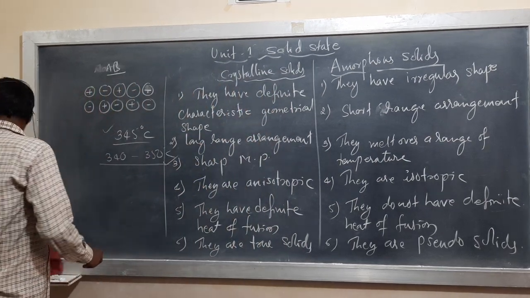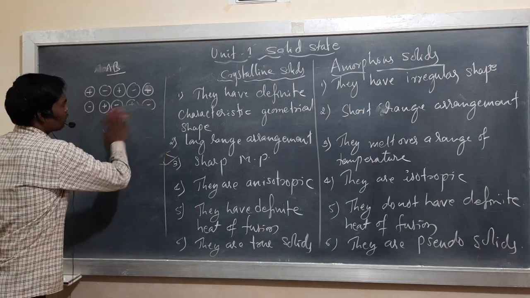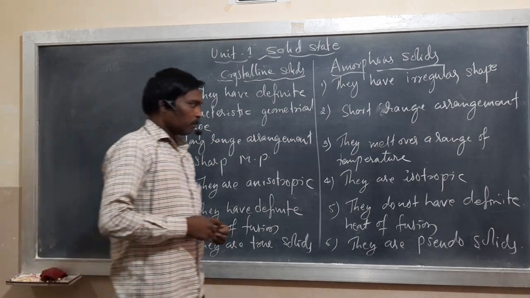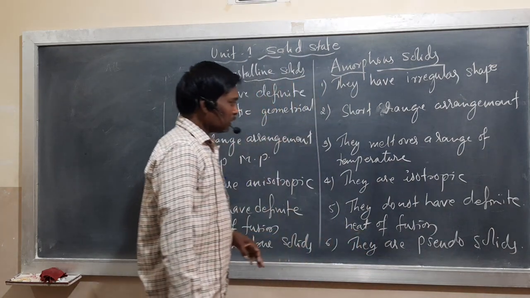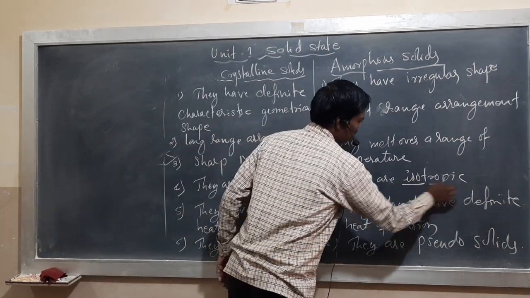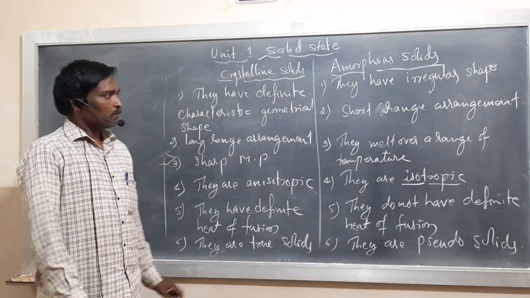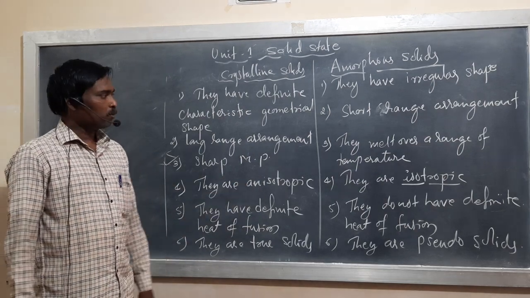The next property is that crystalline solids are anisotropic in nature, whereas amorphous solids are isotropic in nature. Iso means same, tropic means property. Isotropic solids have the same properties, whereas crystalline solids exhibit different properties.